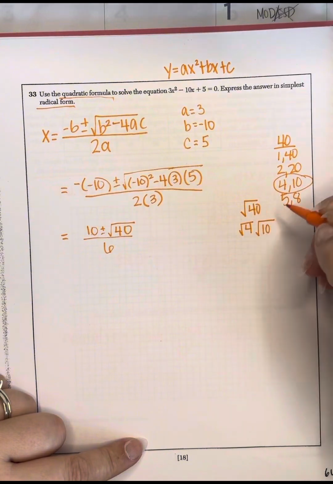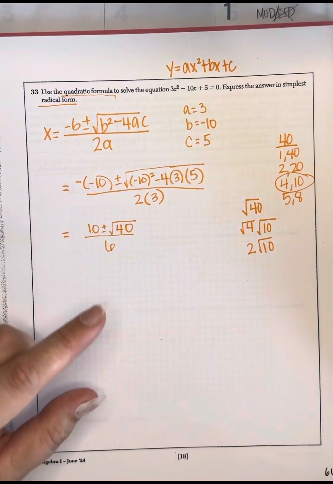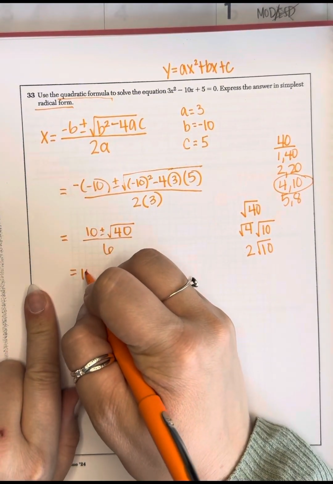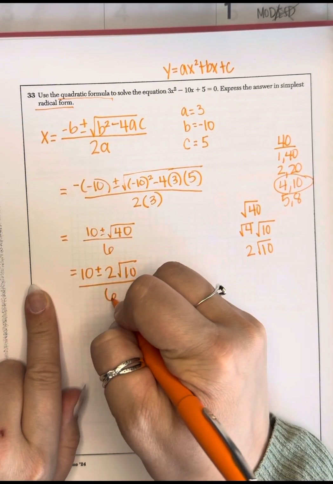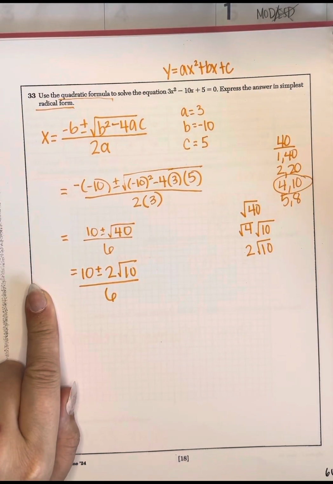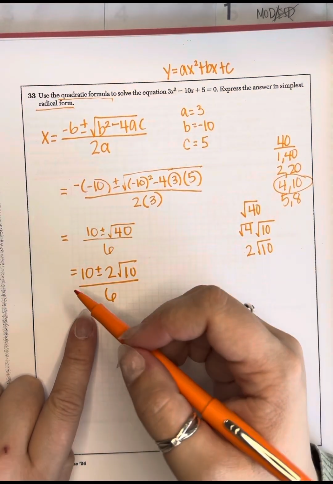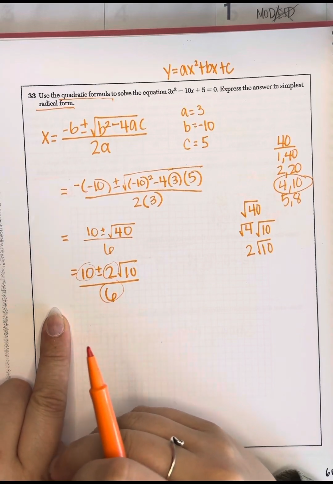4 and 10. The square root of 4 is 2, and the square root of 10 stays. So I'm going to replace that square root of 40 with 2 square root of 10. 10 plus or minus 2 square root of 10 over 6. And I'm going to simplify it even further. I'm only looking at the numbers in front, not the number inside the radical, I can't simplify that.